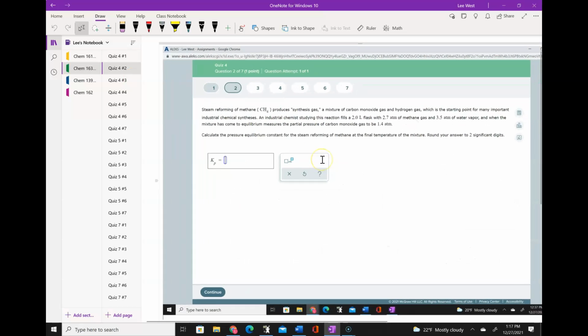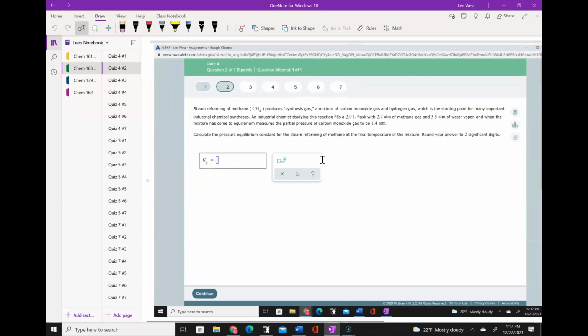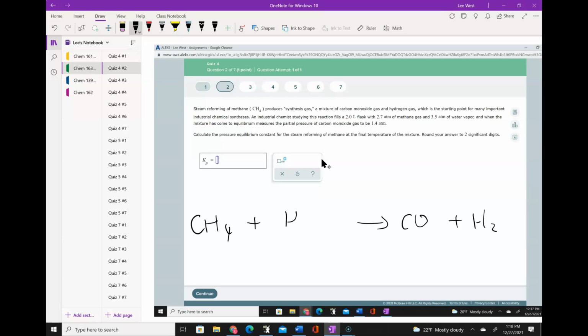All right, let's have a look at this one. It looks like we've got a written description of the reaction. Steam reforming of methane, CH4, produces synthesis gas, a mixture of carbon monoxide gas and hydrogen gas. So CO and H2 are going to be our products, and our reactants are going to be methane and steam, right?